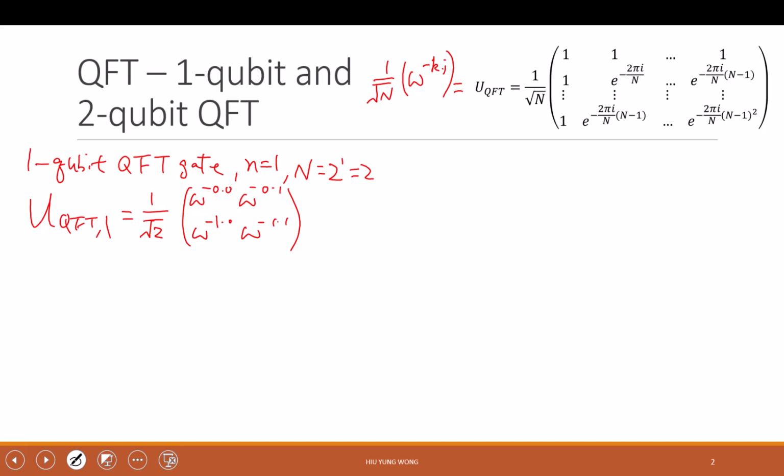Is that okay? What is omega? E to the power 2 pi i divided by n, but what is n? 2. Correct.